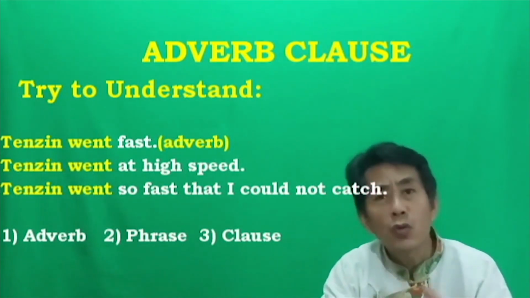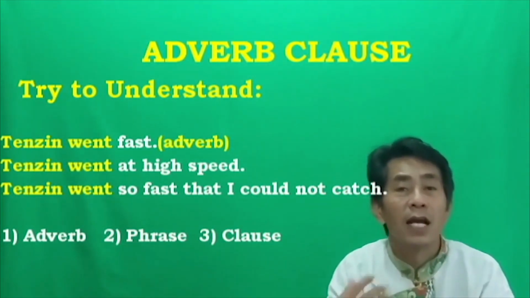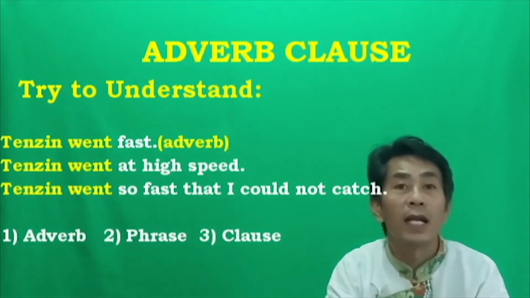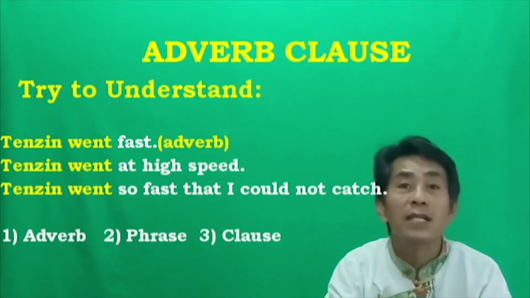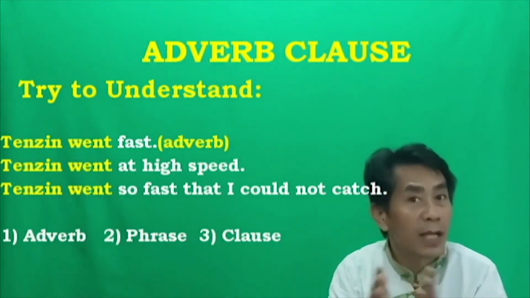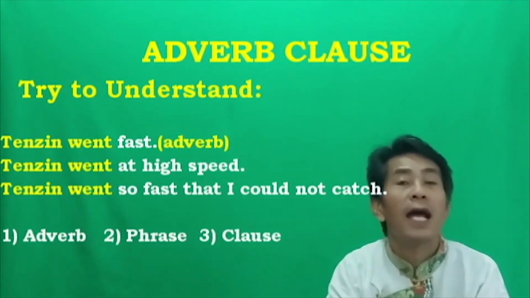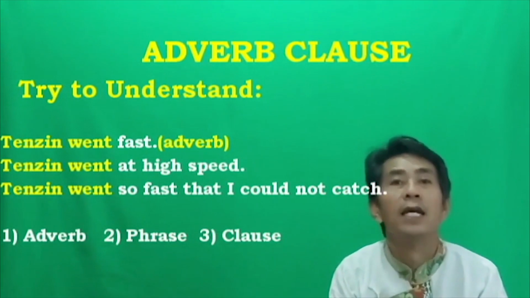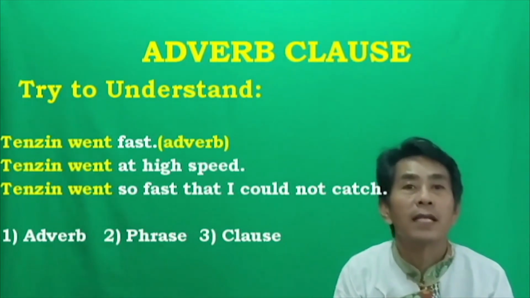Tenzin went so fast that I could not catch him. We are just describing the verb. So did you understand? Simple adverb, adverb phrase, and adverb clause. Now let us look at examples.